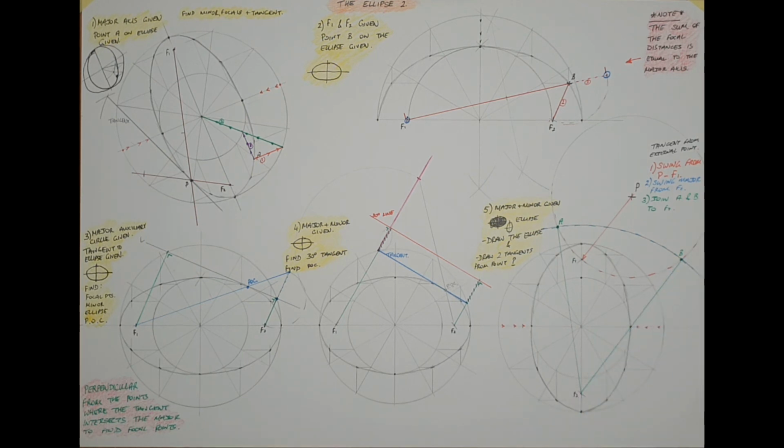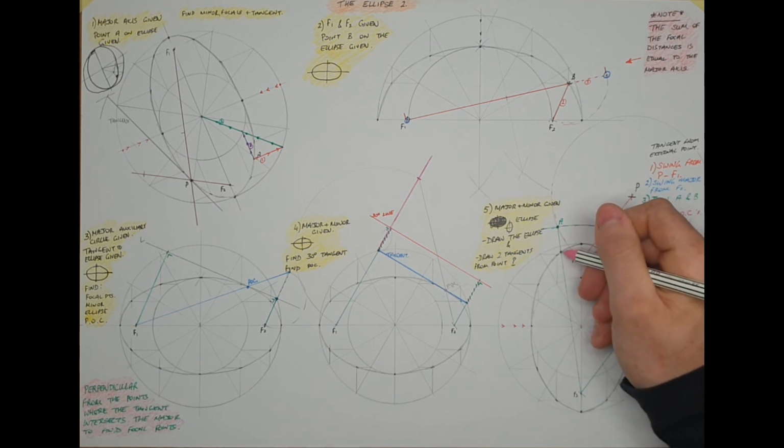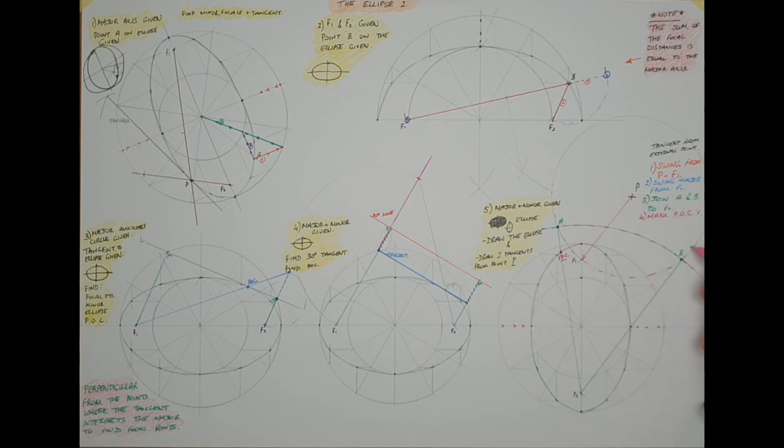Now, number 4, where those lines crossed the major, mark your POCs. So where them green lines cross the major, mark your POC. And where did it cross here? Yeah, more or less on that point is our POC.